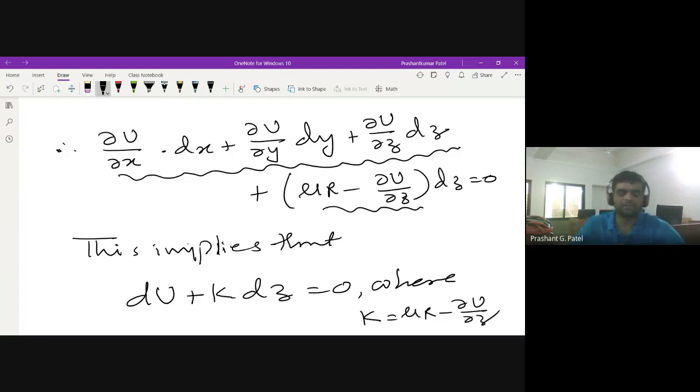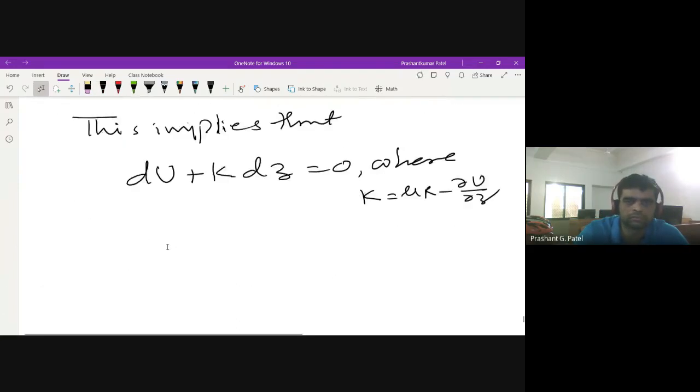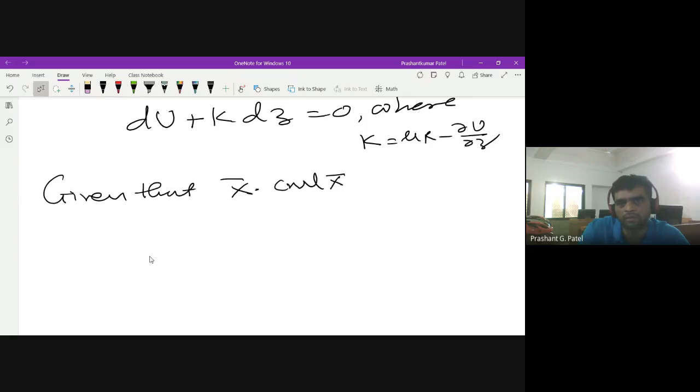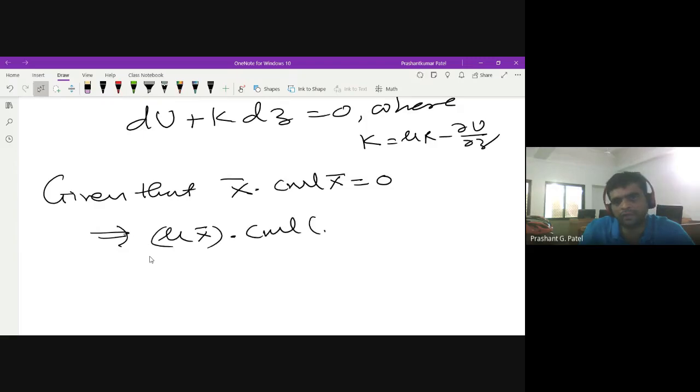Okay, now what is given? Given that X bar dot curl of X bar is 0. So by the previous lemma, this implies that mu X bar dot curl of mu X bar is also 0.